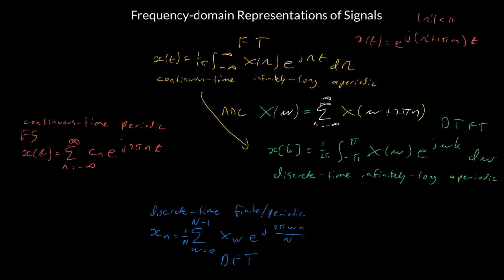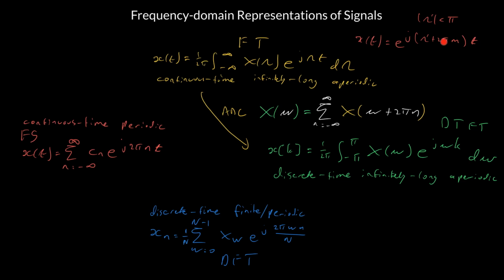When we come to represent x of k using this integral expression here, we cannot get to this frequency here because it's outside of minus pi to pi unless m equals 0. So the way we have to get to our sample points x of k is by using other frequency components, frequencies between minus pi to pi.